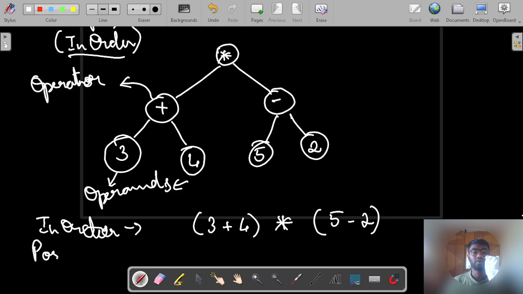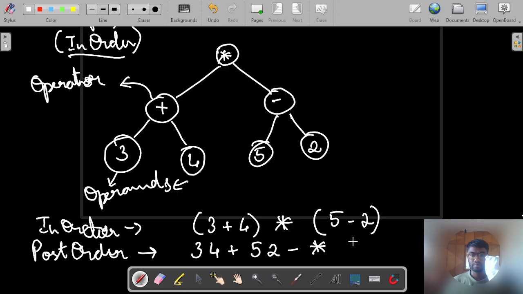Similarly, we can even have post order and pre order. A post order is where we have the operators at the end, and similarly here 5 2 minus, and finally a multiplication.